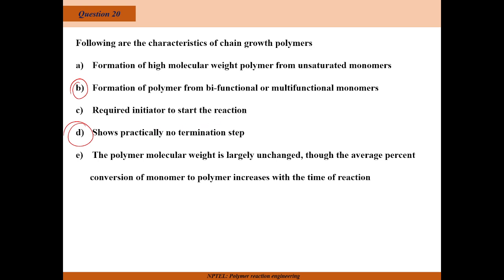The characteristics of chain growth polymers are the formation of high molecular weight polymer from unsaturated monomers, which is correct. It definitely requires an initiator, and the molecular weight is largely unchanged, which is also a correct statement.